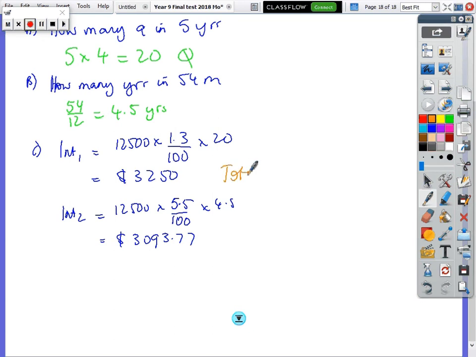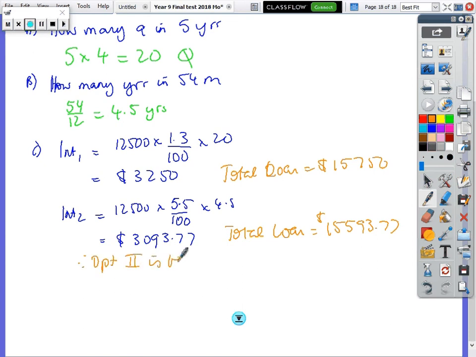So the total of the loan was $15,750. Total loan was $15,593.77. So therefore option 2 is better because loan is less. And the last part of the question, how much did you save, is the difference between them, so it's $156.25. That's it. Bye.